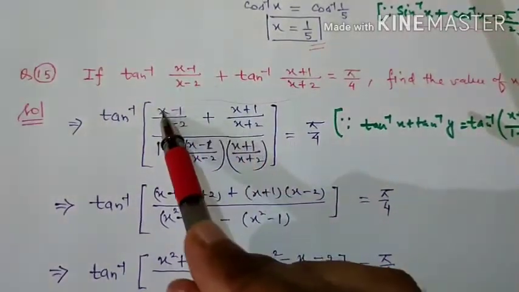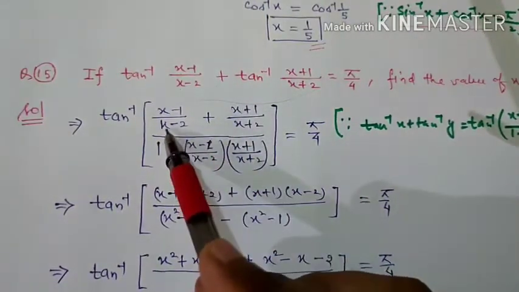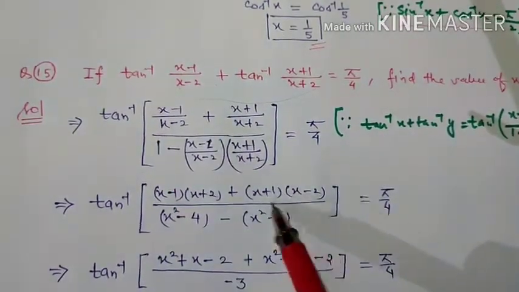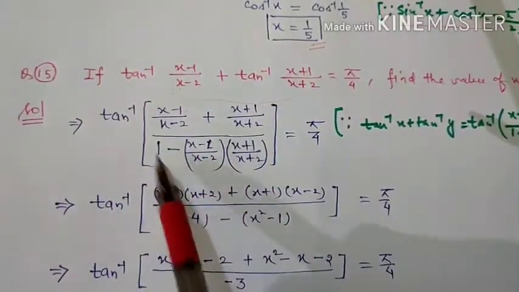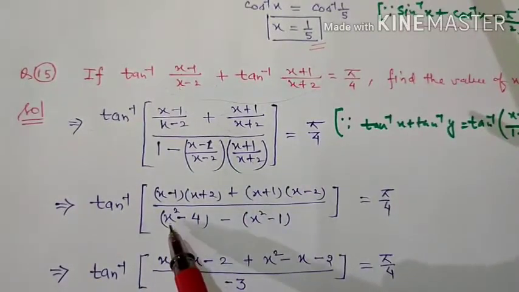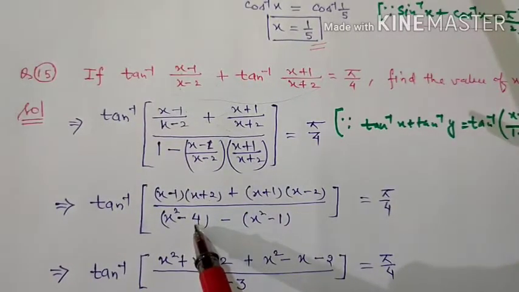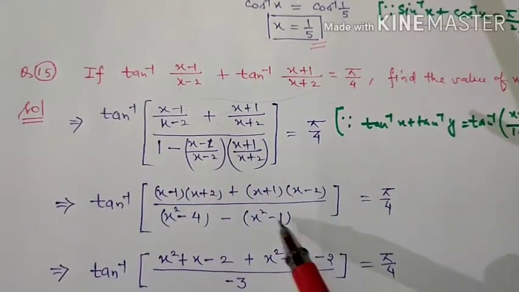Just take LCM: (x−1)(x+2) and (x+1)(x−2) in the numerator, and in the denominator, this multiplies as (a+b)(a−b), which is a² minus b², so x² minus 4, because 2 squared is 4, minus (x² minus 1).